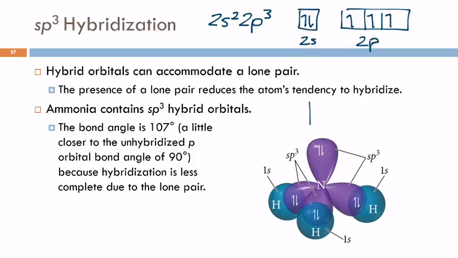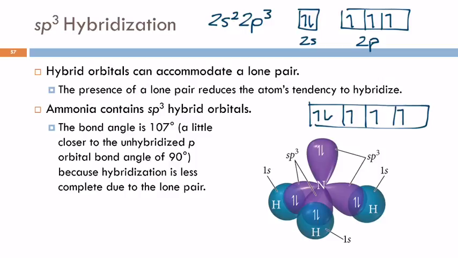When it hybridizes to form sp3, now we've got 5 electrons in there, so one of them is going to be a lone pair. So here in the purple again, we have the sp3 hybrid orbitals. 3 of them are half filled, and those are going to overlap with hydrogens. And this one has a lone pair.